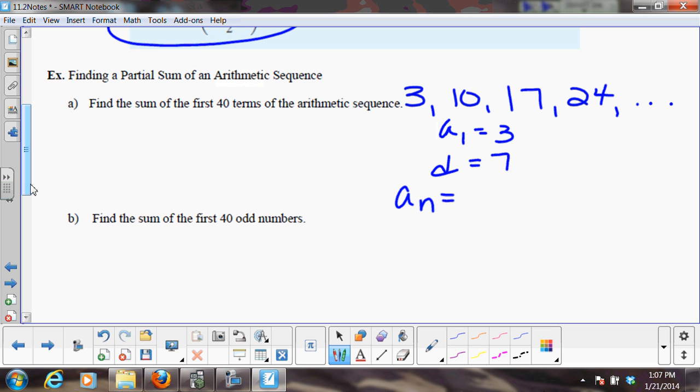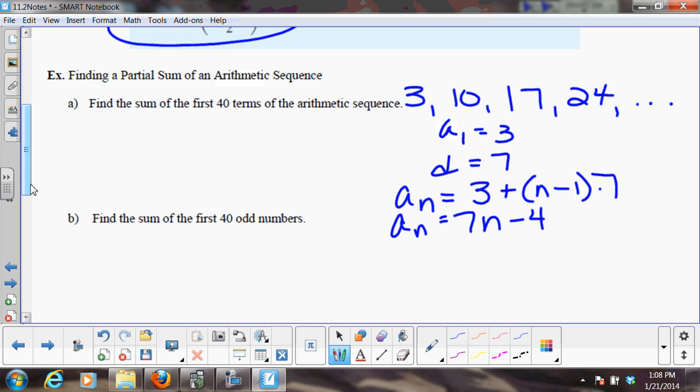So if I use the other formula this time, I get 3 plus n minus 1 times 7. I would distribute that, and we get 7n minus 4 is our formula. We want to find the first 40 terms.